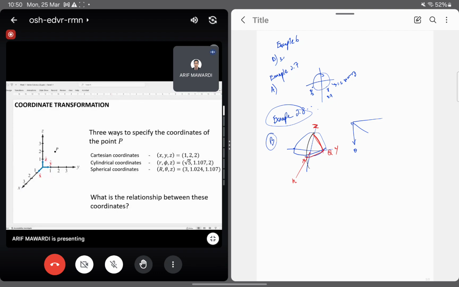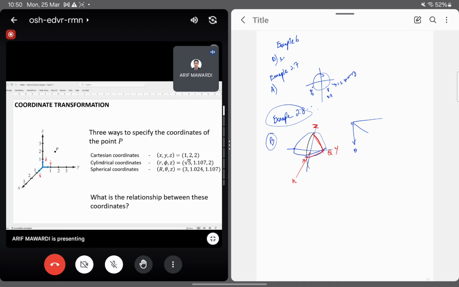Therefore we have seen that there are three ways to specify the location of a point in space. We can either use the Cartesian coordinate system, or the cylindrical coordinate system, or the spherical coordinate system.